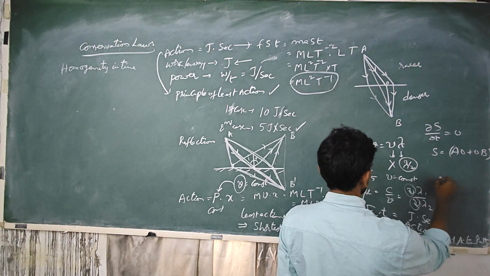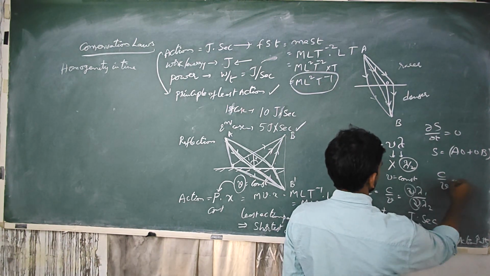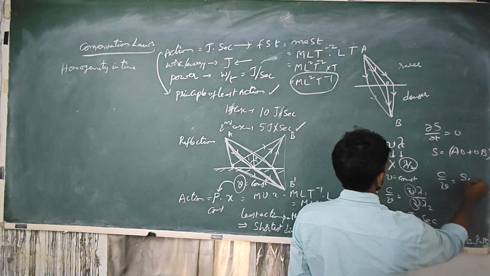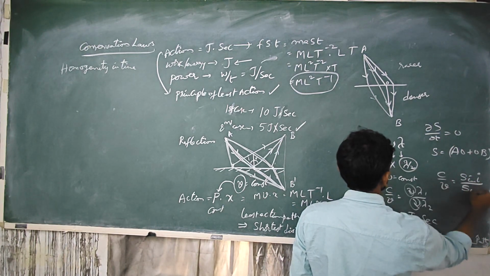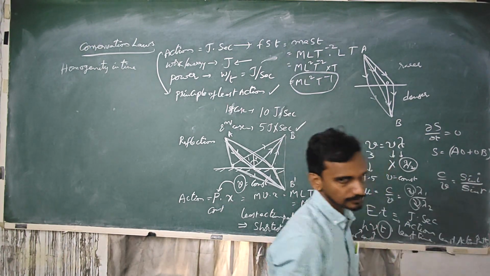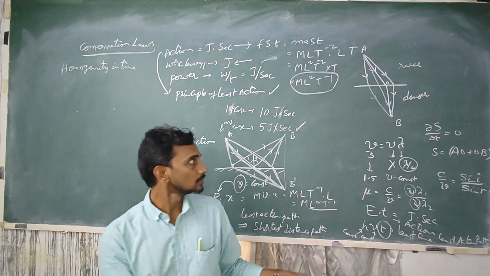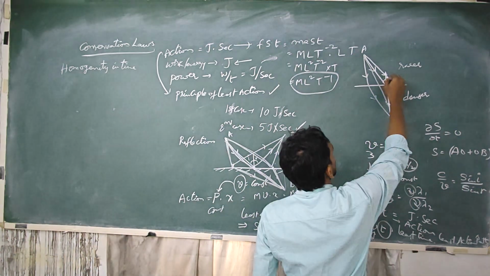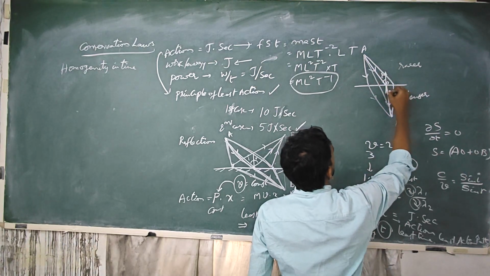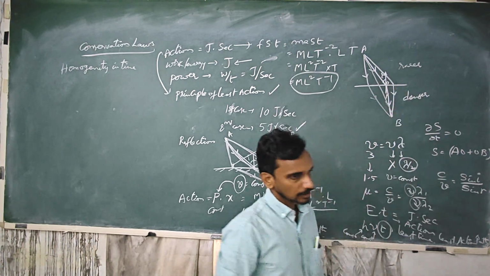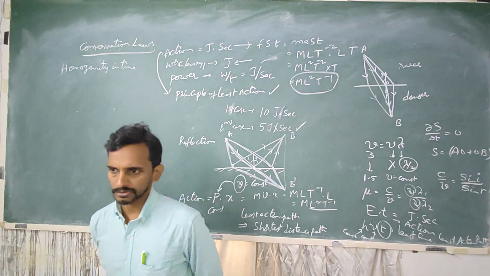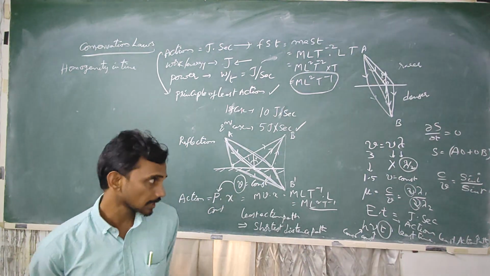you'll be left with the best choice being where C by V is equal to sin I by sin R, where the velocity ratio is equal to the ratio of the sine of the angle of incidence and the sine of the angle of refraction.